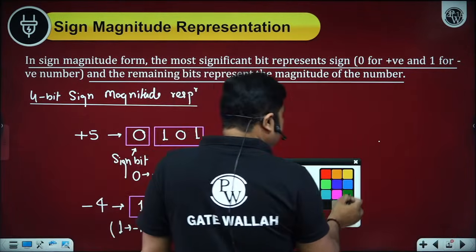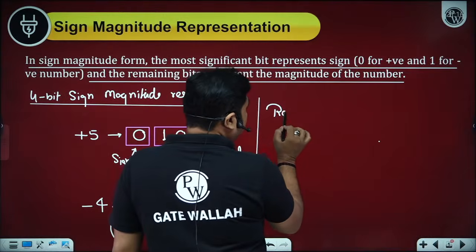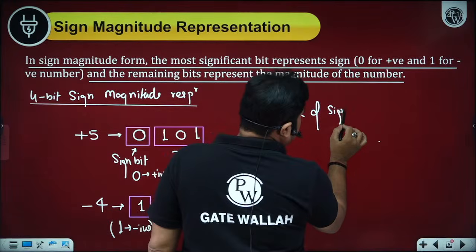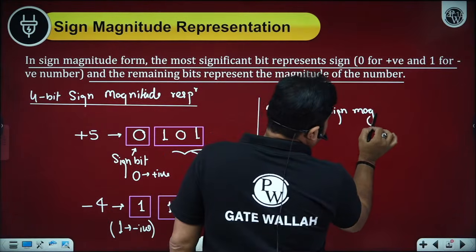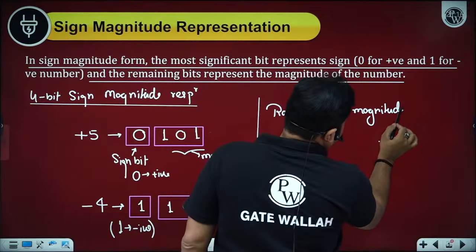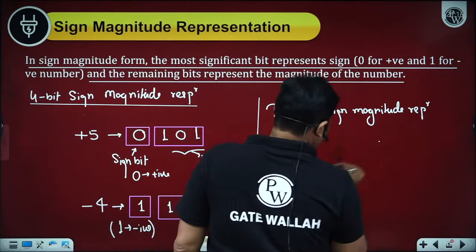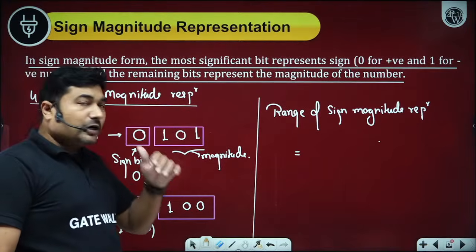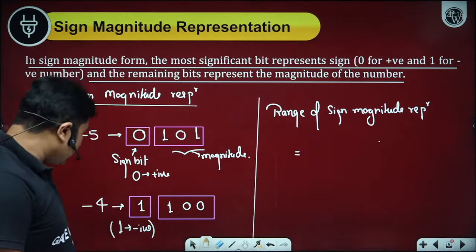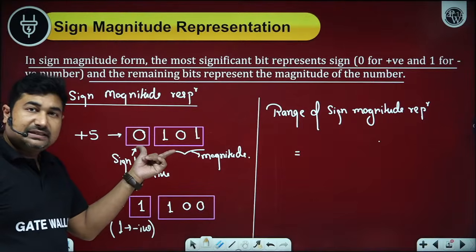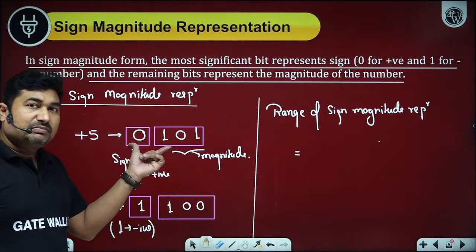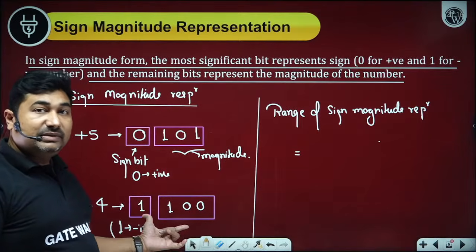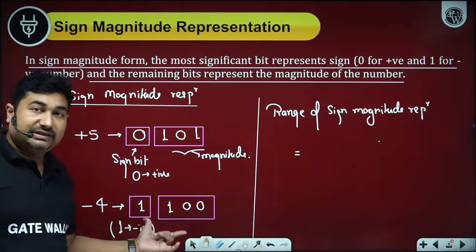Can you tell me what is the range of sign magnitude representation? If we talk about n bits, what is the maximum number that you can represent? Sir, the maximum positive number is plus 7 and the minimum number is minus 7.